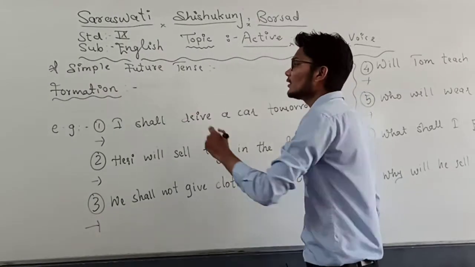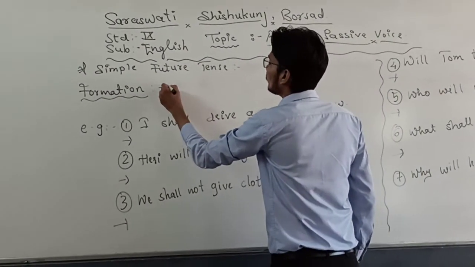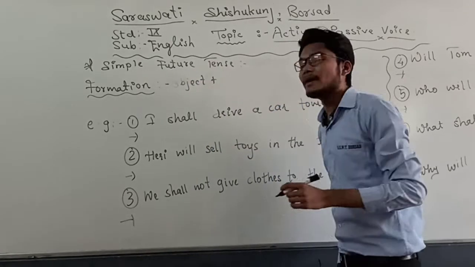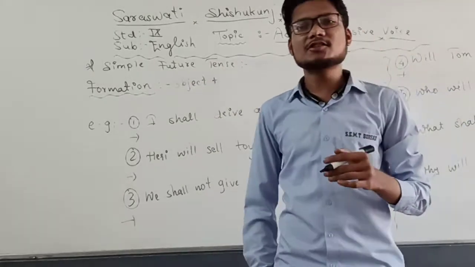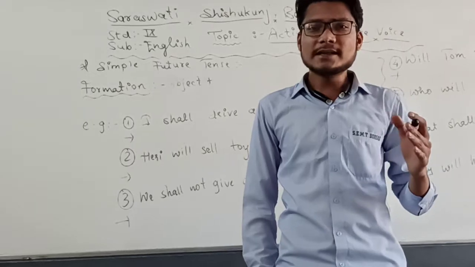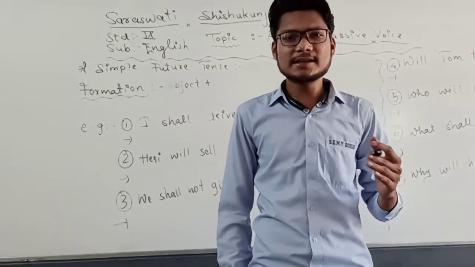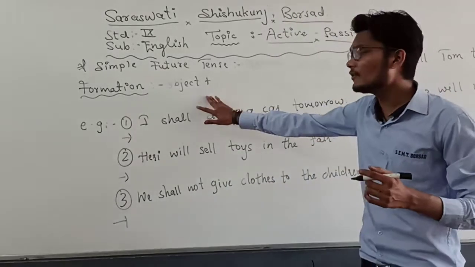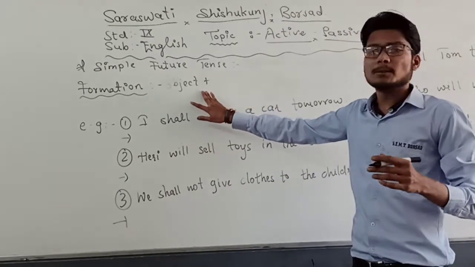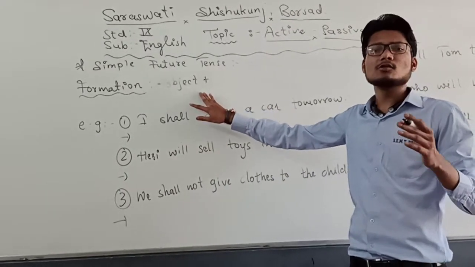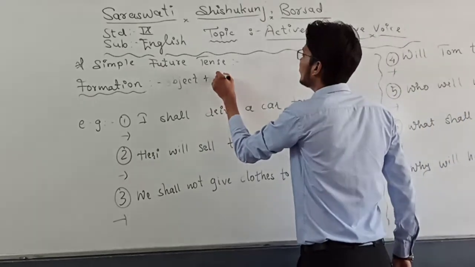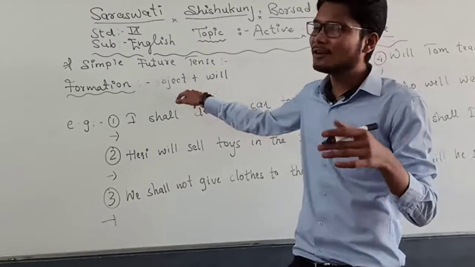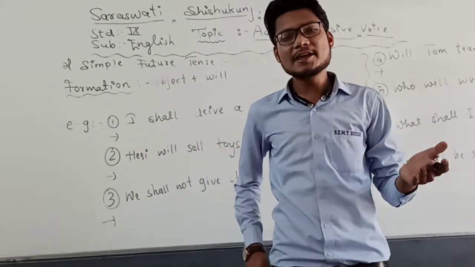So in the very beginning you have to put the object. Now as it is simple future tense, you know that to make the future tense we use will or shall. But in the passive voice of this tense, you only have to put will, because your object cannot be either I or we.